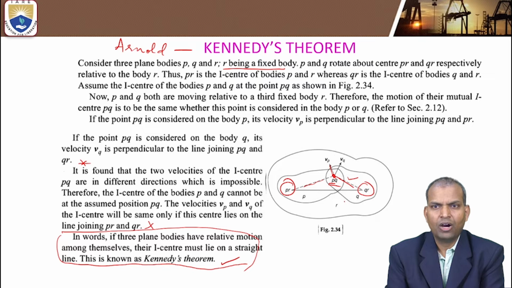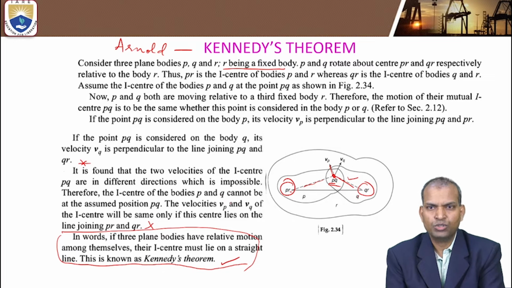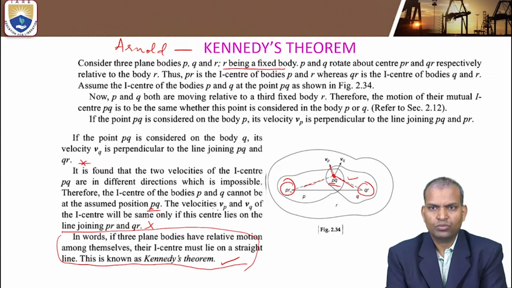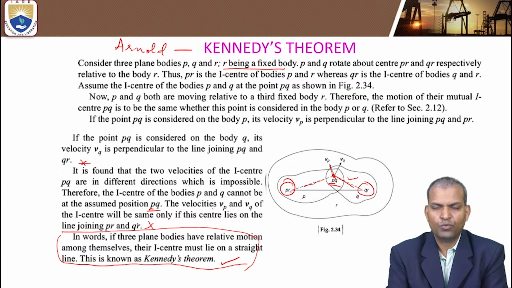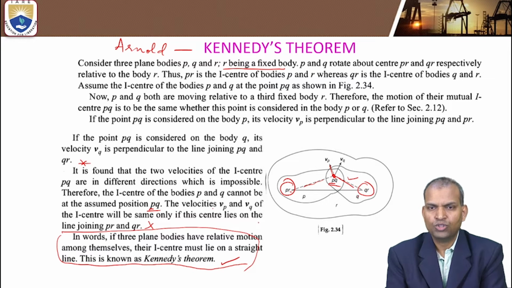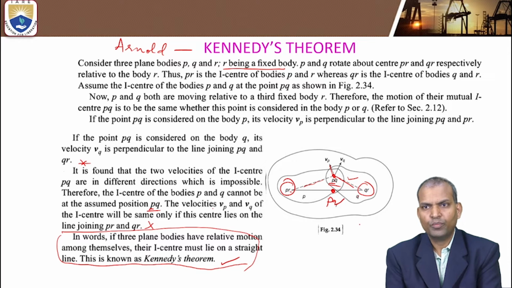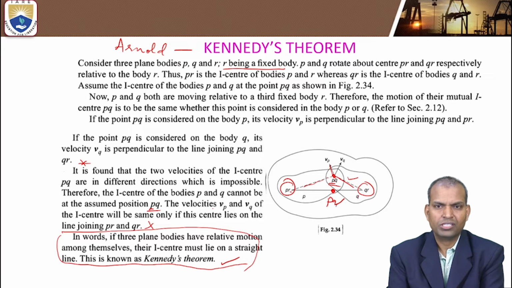It should be on a straight line joining PR and QR. That is the point. Therefore, the velocities VP and VQ of the eye center will be same only if the center lies on the line joining PR and QR. If PQ is on this, then both the bodies are having same velocity.